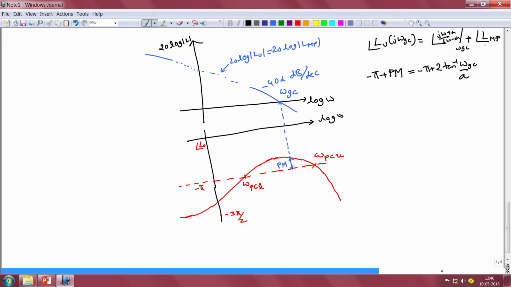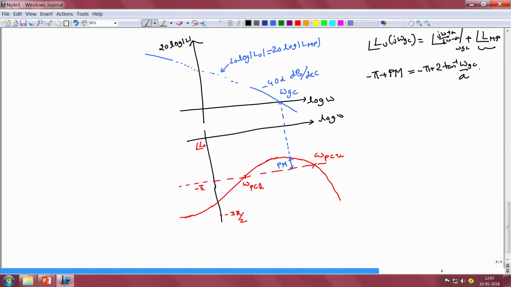and the phase of the minimum phase loop gain is determined by the magnitude characteristics thanks to Bode's gain phase relationship. So, as we saw in the previous clips as well, if the magnitude characteristic of the minimum phase loop gain rolls off at minus 40 alpha decibels per decade, as it is happening in this case because the magnitude characteristics of LMP is identical to the magnitude characteristics of LU, then the phase lag associated with this magnitude characteristic is going to be alpha pi, or in other words the phase is going to be equal to minus alpha pi radians.